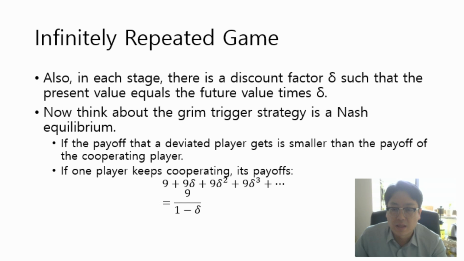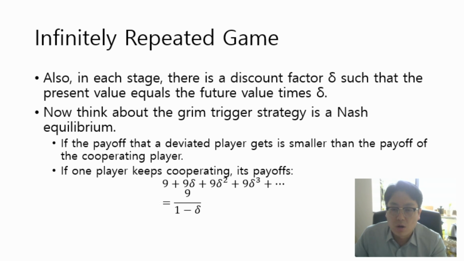So 9 plus 9 delta. And because the 9 in the third stage shows the value difference as much as delta, and it is applied one time more, we should multiply delta one more time. So the present value of receiving 9 forever is 9 plus 9 delta plus 9 delta squared plus 9 delta cubed, and so on forever.